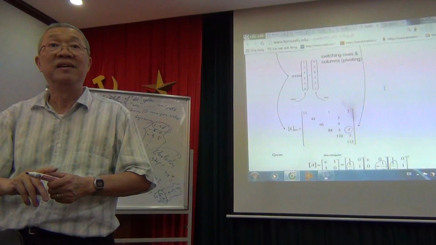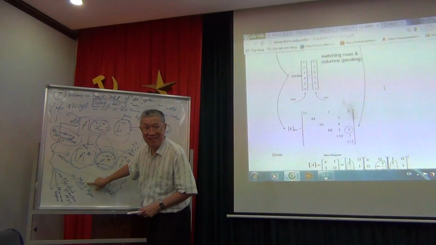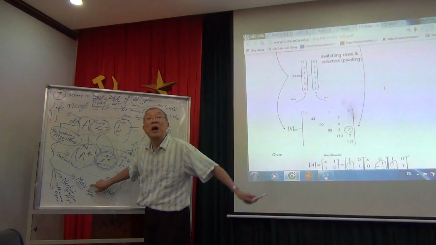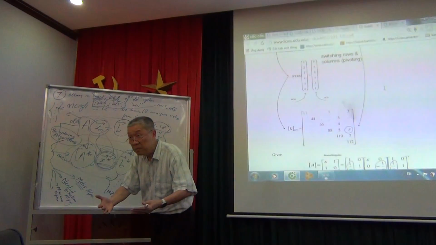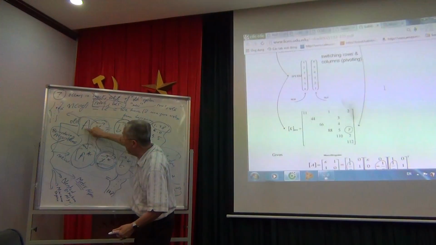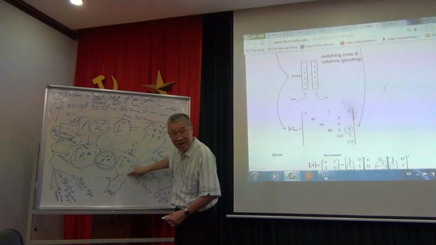Then this software, which is free, will give you iPerm. After you get iPerm, you transform A to become A star, and you transform B to become B star.